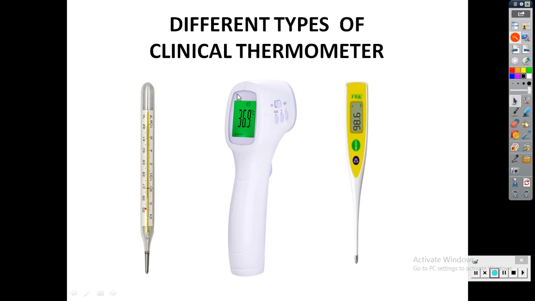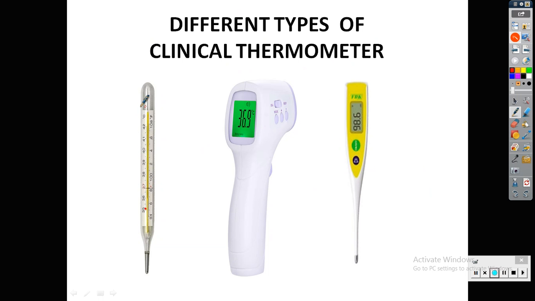There are different types of clinical thermometers in our market nowadays. You can see these thermometers. This one, as I told, works with the help of mercury. The metal filled in this area is called mercury.